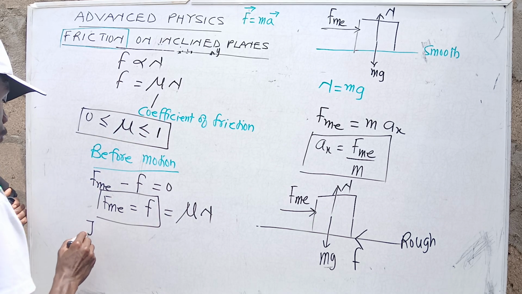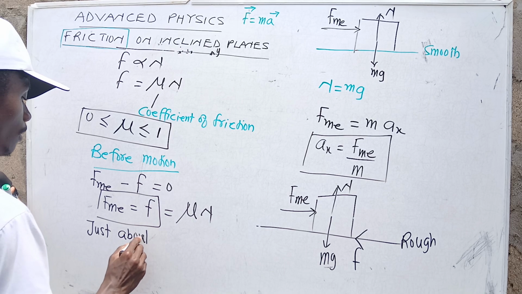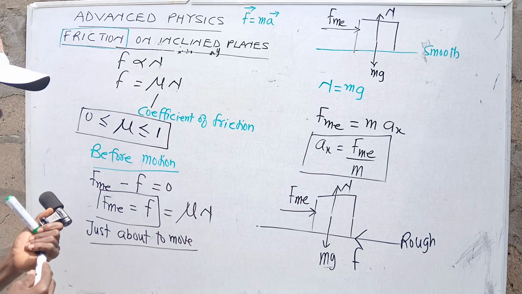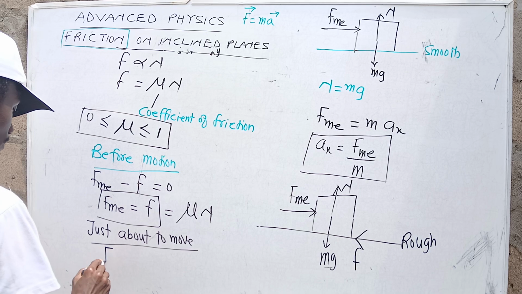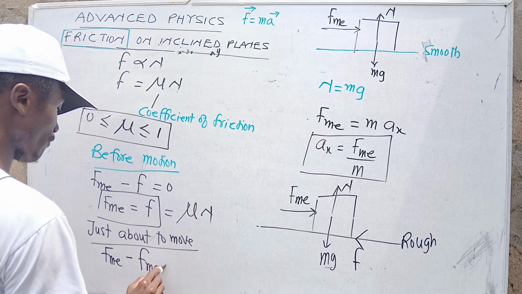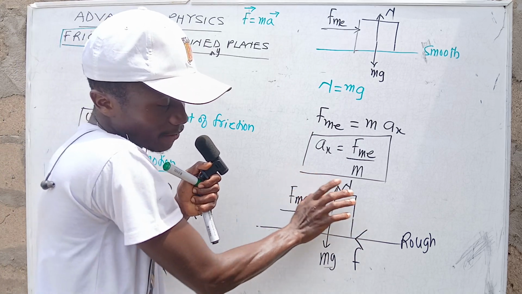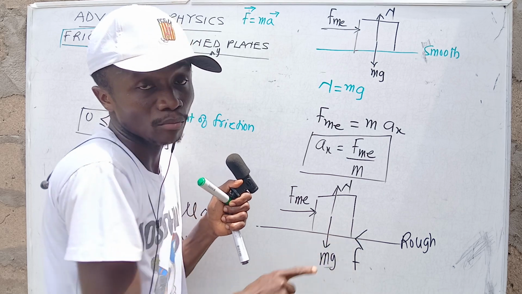Now, just about to move, that is case 2. And F sub me minus the maximum friction. So when the object is just about to move, that means you have applied the force which is giving the object the maximum friction.